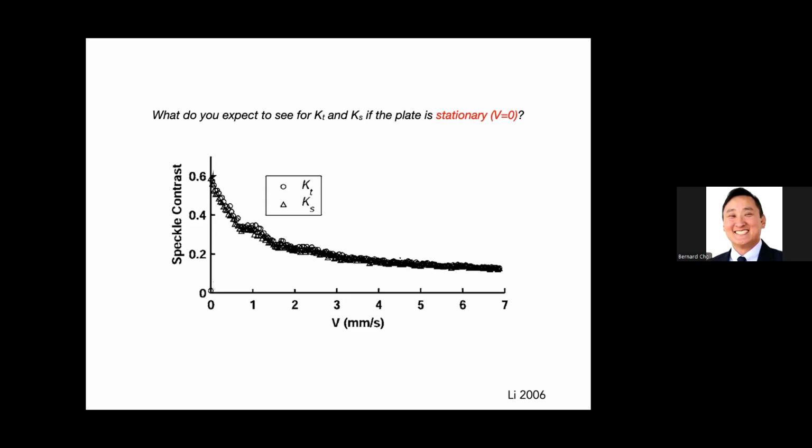What would you expect to see if the plate wasn't moving? Fixed, meaning spatial and temporal contrast. A straight line, for the temporal. Okay, so what will the contrast be if it's a straight line?